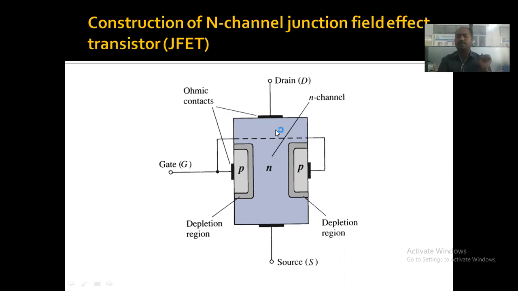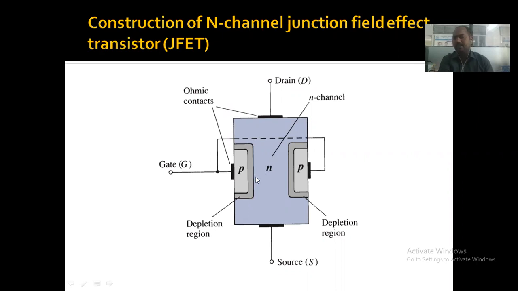So the electrons travel from the source to the drain when we apply VGS equal to 0. When VGS equals 0, there is the largest amount of current flowing through the device. That current is called IDSS. Why IDSS? When we are not applying any VGS voltage, no reverse biasing of this PN junction happens.